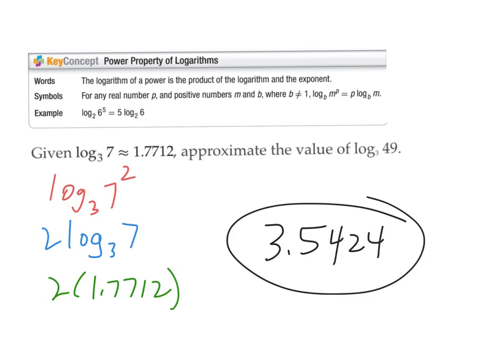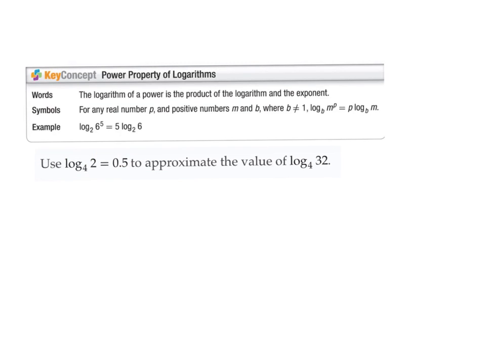Let's look at another one, similar type of thing. How can I write 32 as 2 to some power? So 2 to what power equals 32? Grab your calculator if necessary, play around with it, experiment until you find the right value, and then come back to the video.